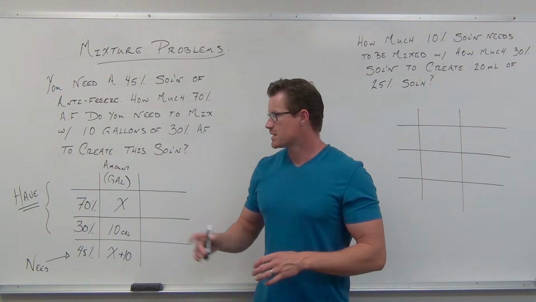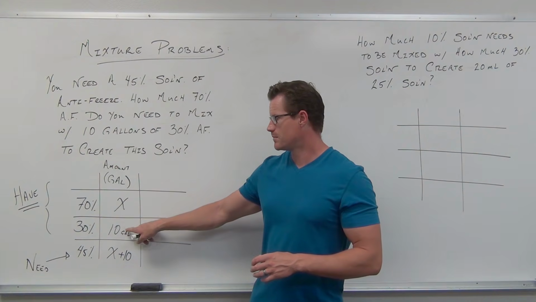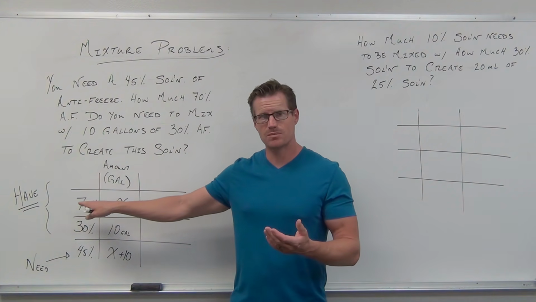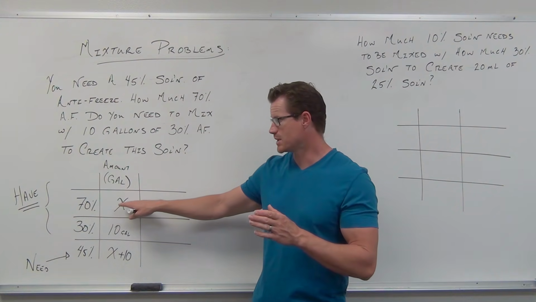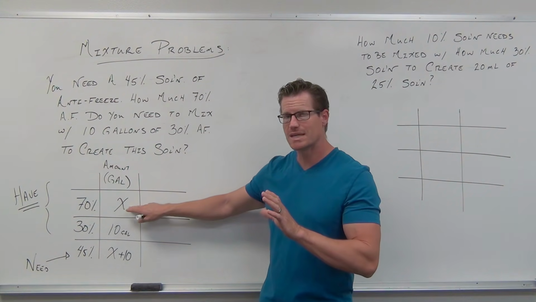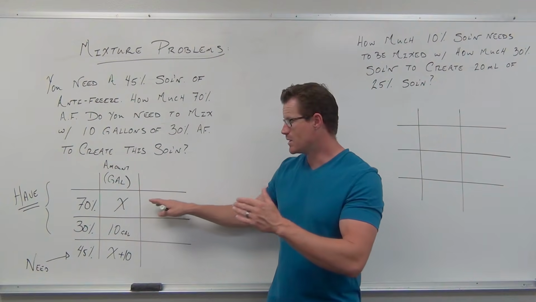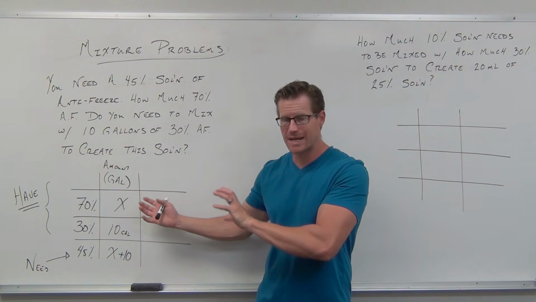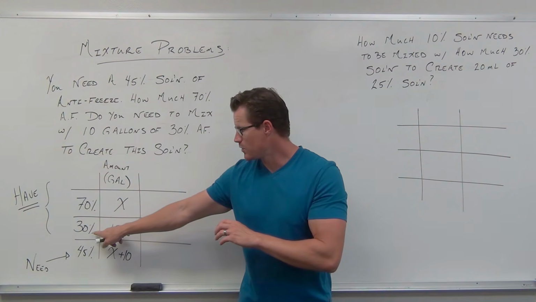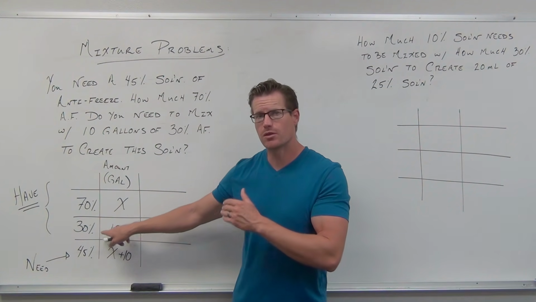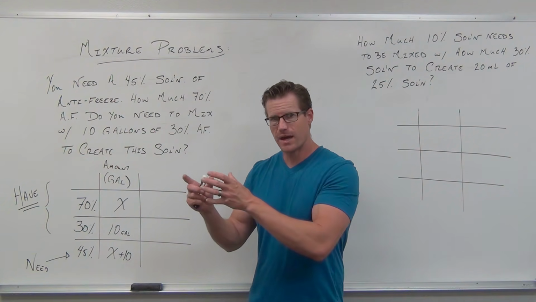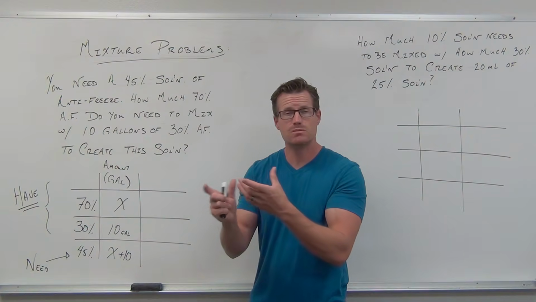To find 70% of an amount of fluid, if that's 70% antifreeze, 70% times however many gallons we have is going to give you the amount of actual, whole, undiluted, pure antifreeze in them. If you have 10 gallons and only 30% of it's antifreeze, so it's all mixed up, it's diluted, to find the percent of any value, just multiply them.